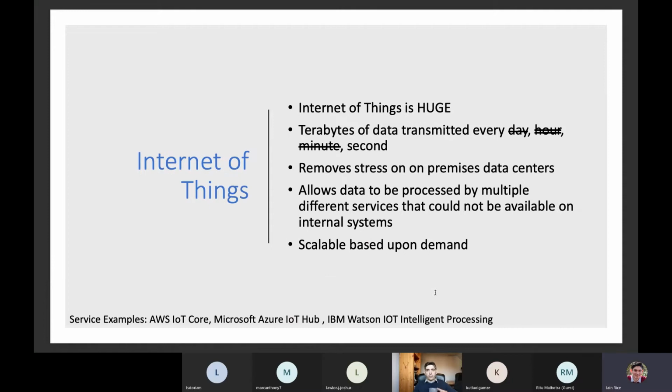Okay. Internet of Things. So the Internet of Things is absolutely huge, and I think we've started to realize that over the last couple of years, probably unconsciously. Now, working in artificial intelligence has been really exciting for me over the last couple of years to see what people are doing.